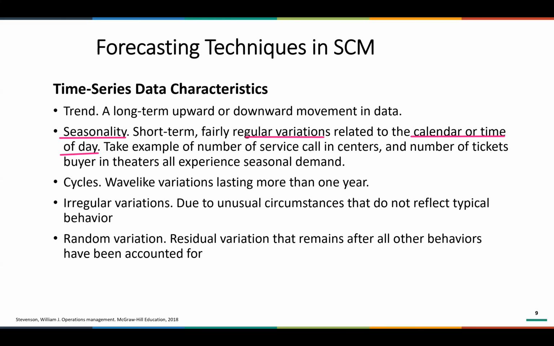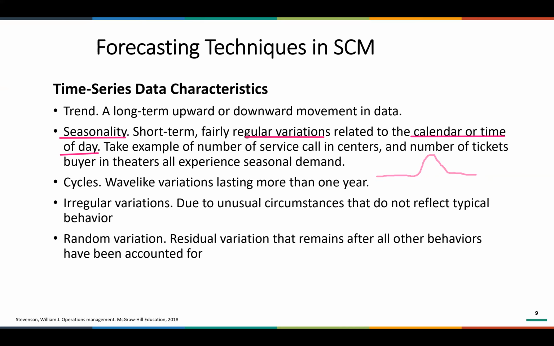It's a regular variation. For example, if your data is stable like this, and then in the holiday season it increases, spiking like this, and then it goes stable again like this.